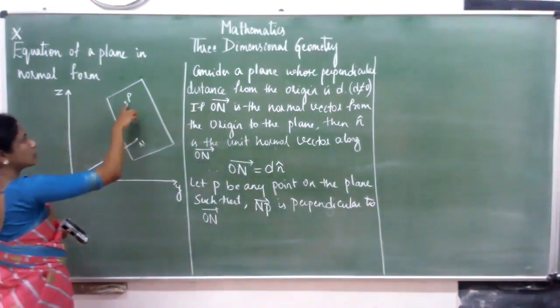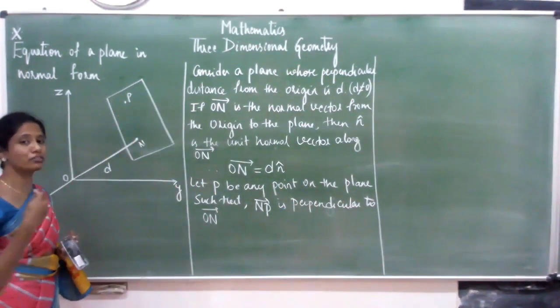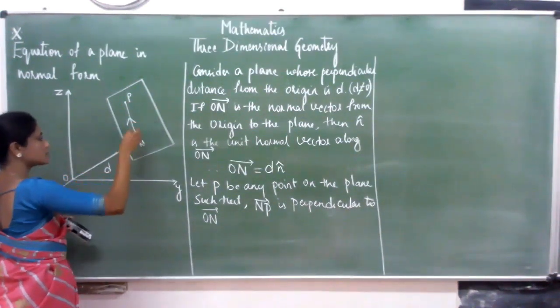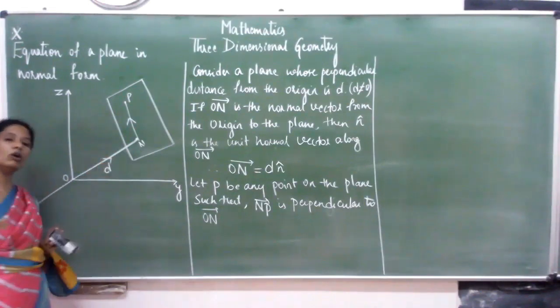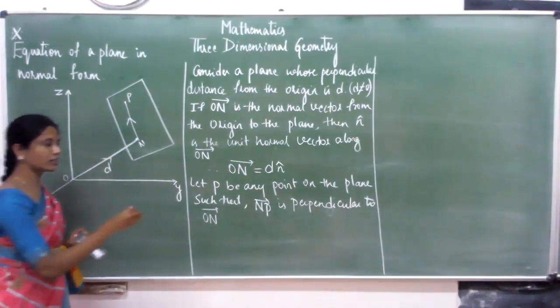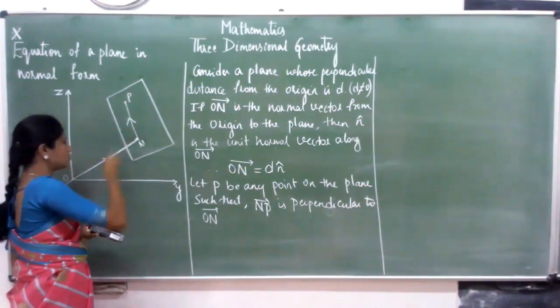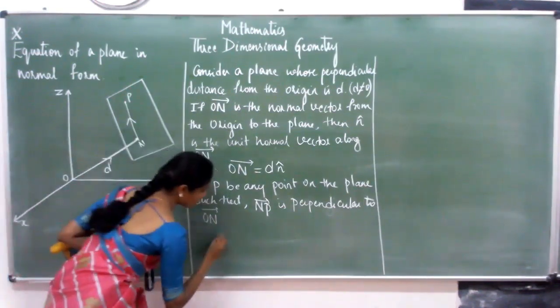If I consider a point P, how is this point chosen? We have considered a point P in such a way that vector NP is perpendicular to vector ON.